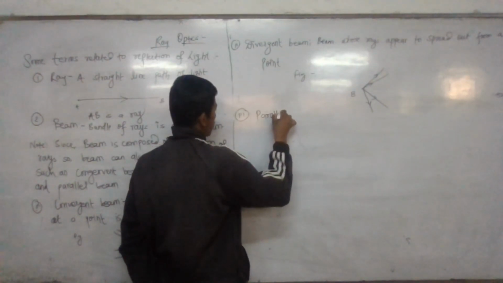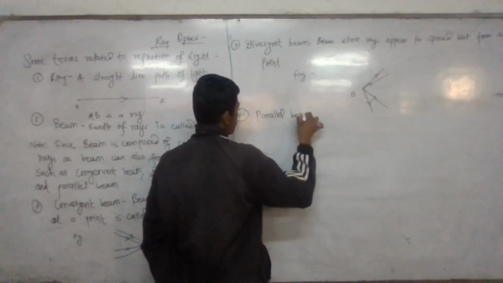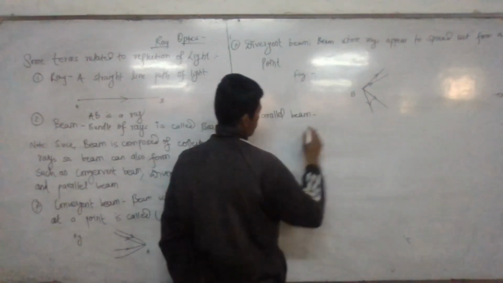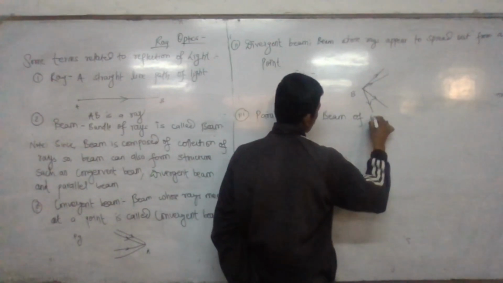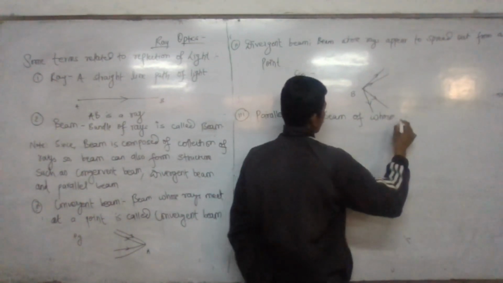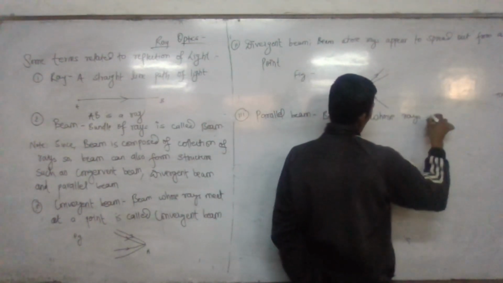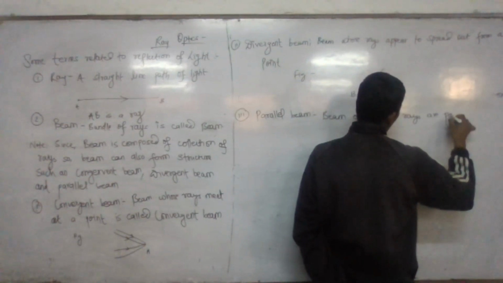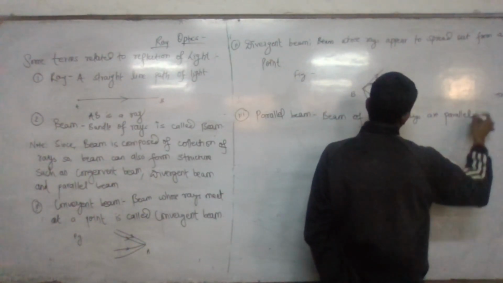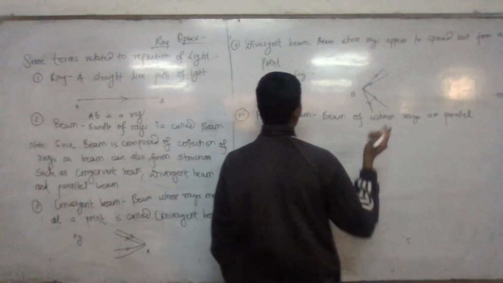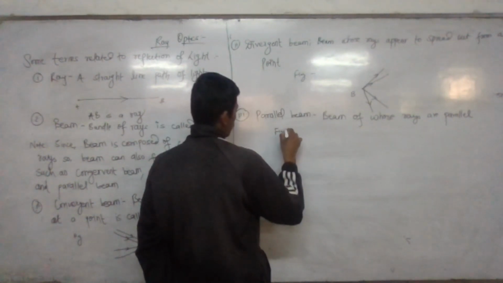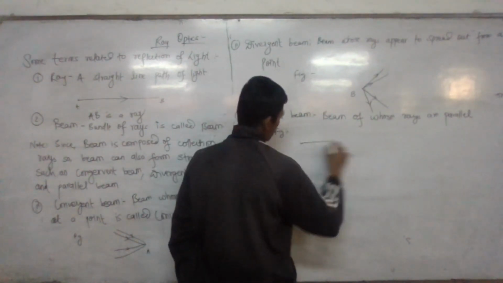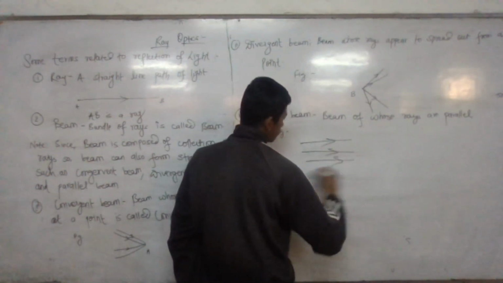Now, we'll talk about parallel beam. A beam whose rays are parallel is called a parallel beam. You see the figure, this is the example of parallel.